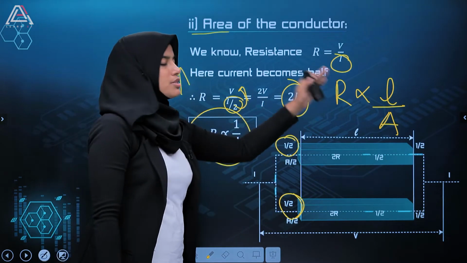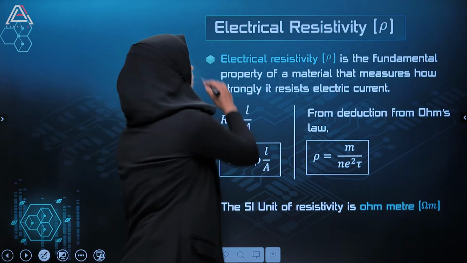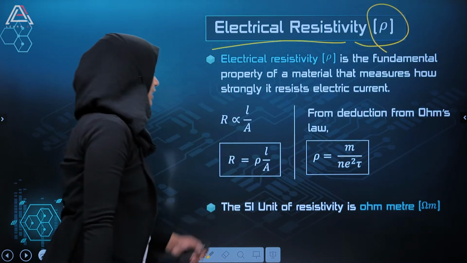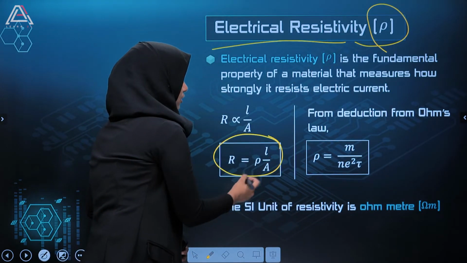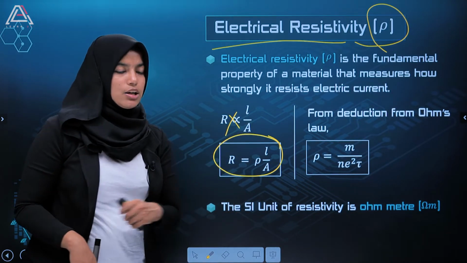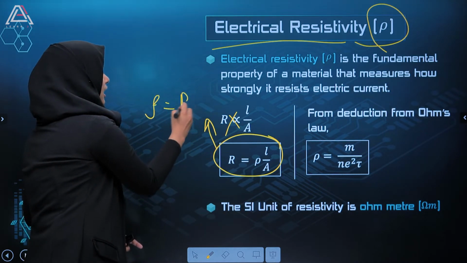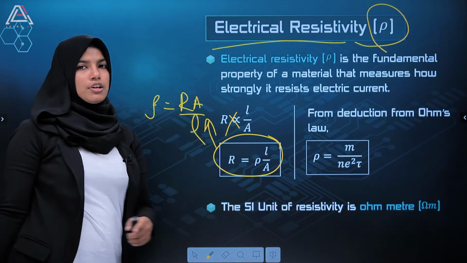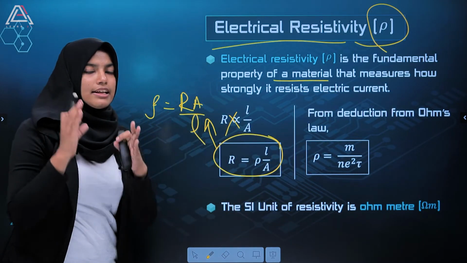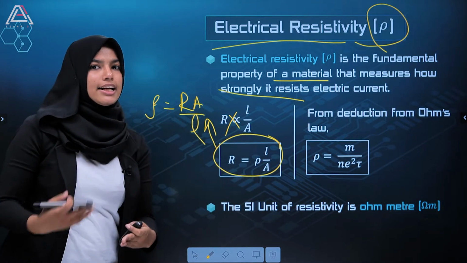In order to remove this proportionality, we are introducing another constant, and that constant is called electrical resistivity, and it's denoted by rho. This constant cancels the proportionality and we get R is equal to rho into L by A. From this I can write electrical resistivity as RA by L. Resistivity is the fundamental property of a material and it represents how it can prevent or resist the electric current.